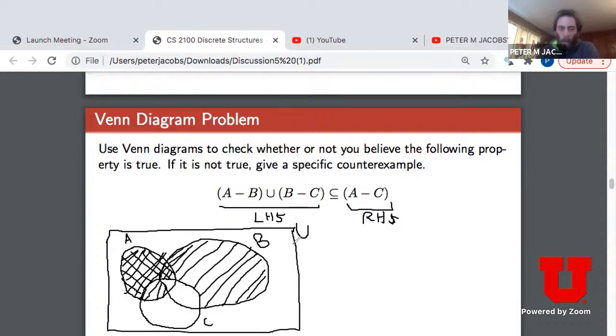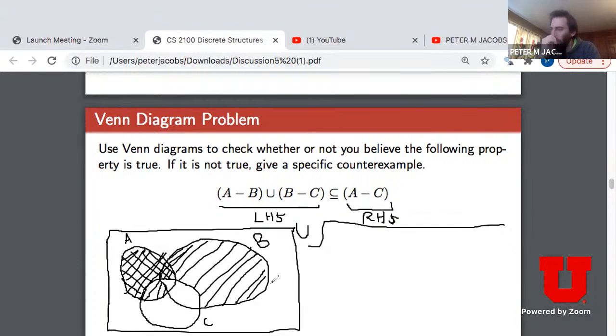There are a lot of ways to do this. Does anyone want to share a counterexample that they have in mind? Colton says A union C, and maybe the question isn't super clear.